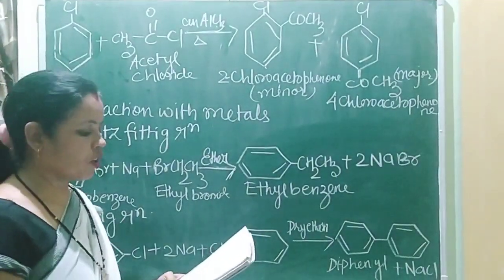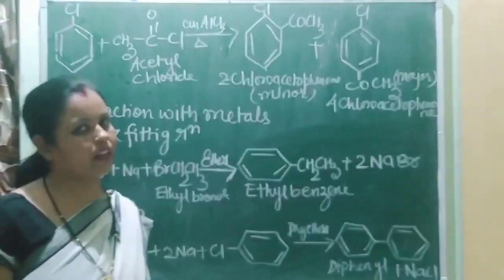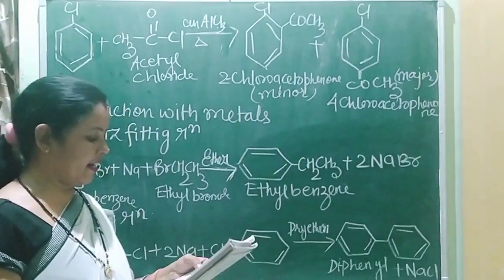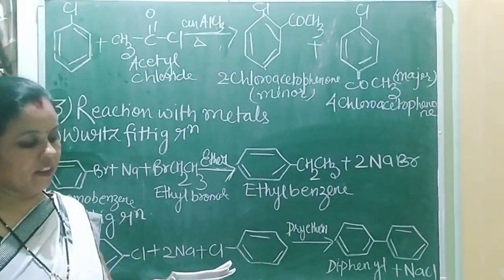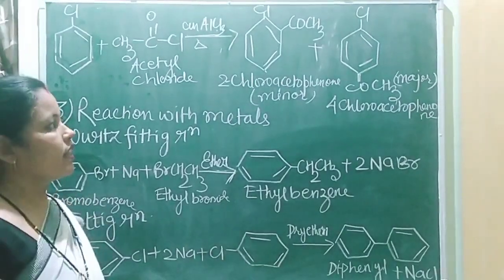What are freons? Chlorofluorocarbon compounds of methane and ethane are called freons, and DDT. So these are the polyhalogen compounds given in your syllabus.